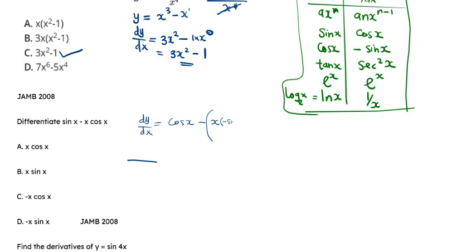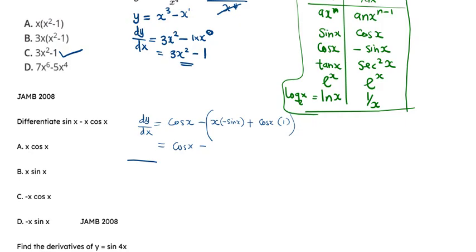Then plus, you hold cos x, then you differentiate x, which is 1, as we have said. Then we are done. So what do we now have? We have cos x minus, so we have plus x sin x.